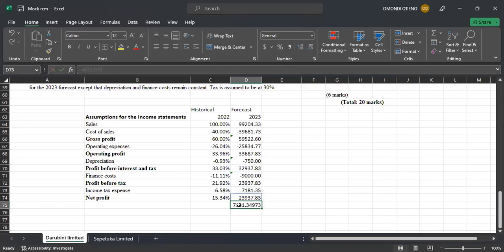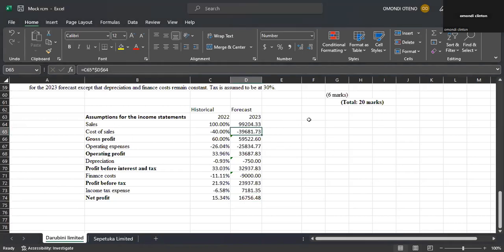So that is what we have. That is what we have as the net profit for the year 2023. So I believe that is clear. And you can now proceed to other things.